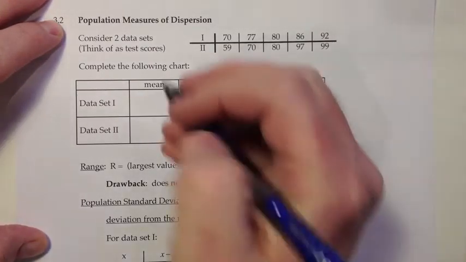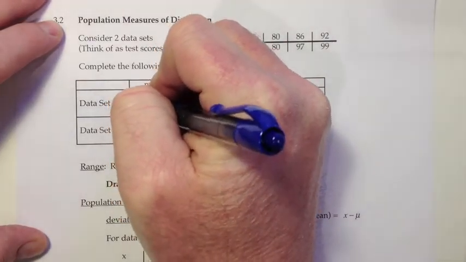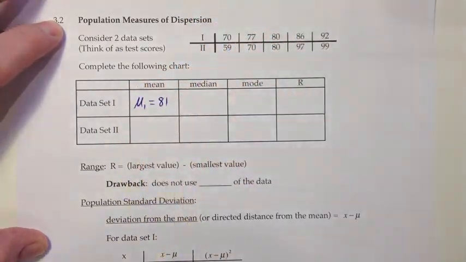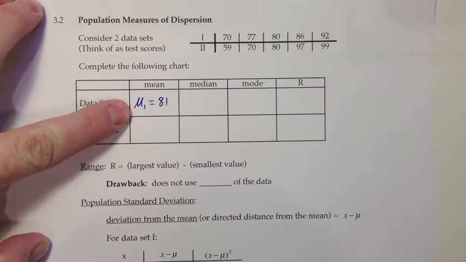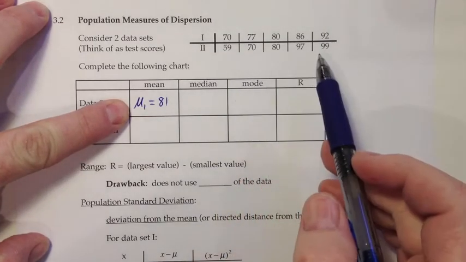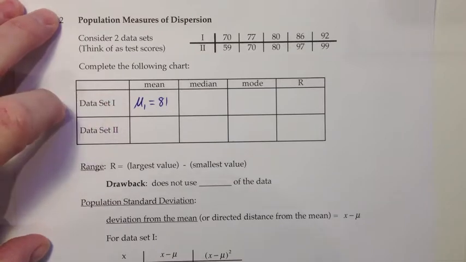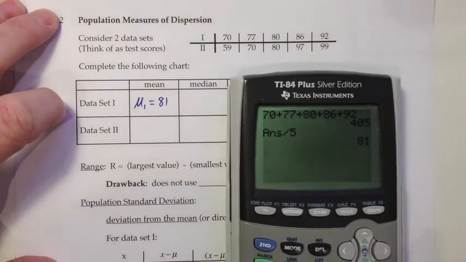So for data set 1 we're getting a mean of 81. And I'm using the mu that we learned in the last section for the population mean, which is a little odd here, but it means I'm basically considering this class only has 5 students in it, so we have everybody.